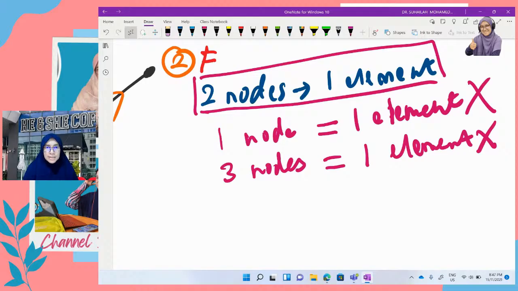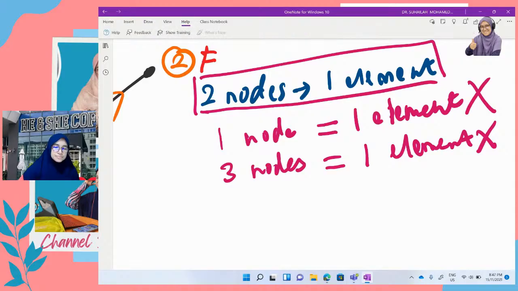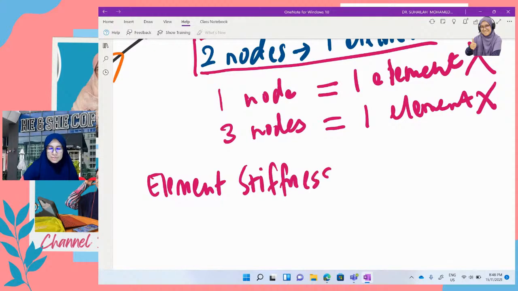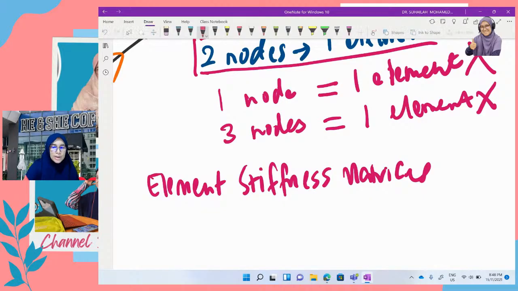Part number 1, you are going to learn how to establish what we call element stiffness matrices. This is number 1.